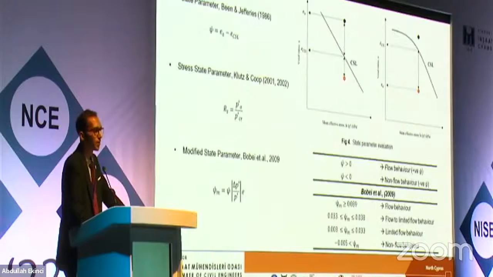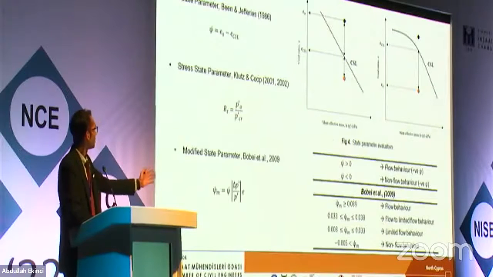So in fact, the state parameter evaluation is still a debate. The original state parameter is a function of the density parameters, the void ratios especially, by Been and Jefferies. The stress state parameter by Klotz and Coop, they preferred to quantify it as stress ratios.